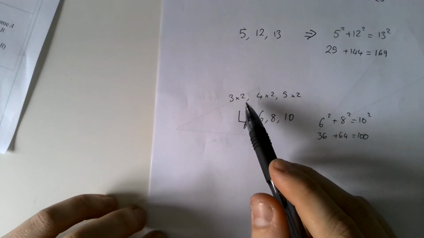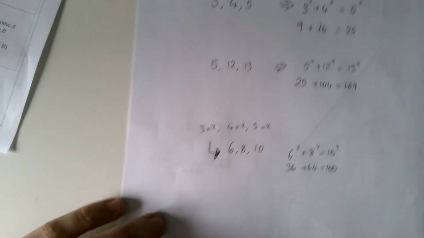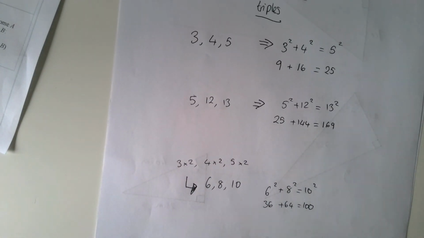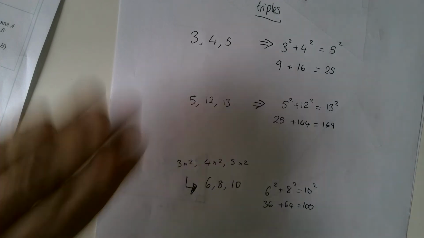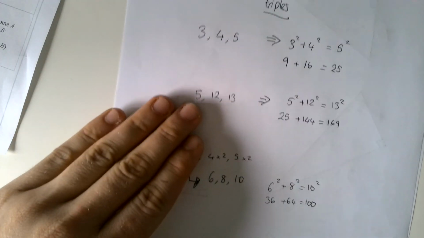So you don't just have to multiply by 2, you can multiply by 3. Straight away I can tell you 9 squared plus 12 squared is equal to 15 squared. Okay, there's any number of Pythagorean triples based just on that.